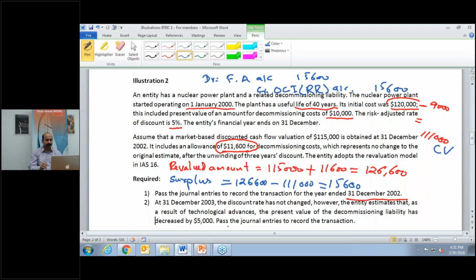Requirement number 2: at 31st December 2003, the discount rate has not changed. However, the entity estimates that as a result of technological advances, the present value of the decommissioning liability has decreased by 5,000. Pass the journal entries to record the transaction.